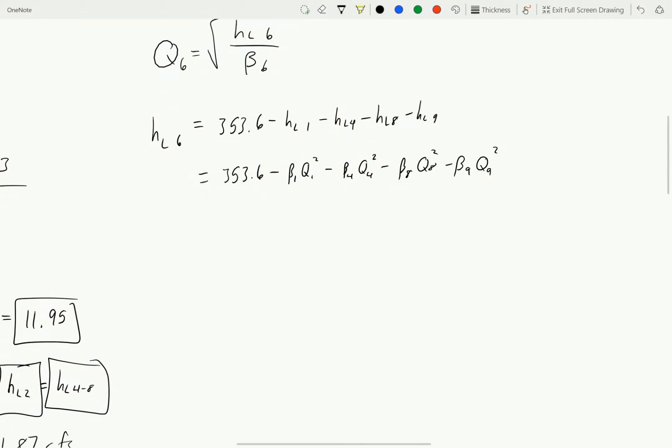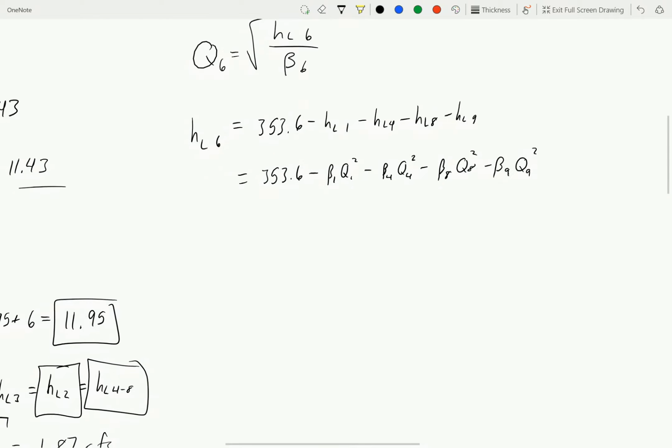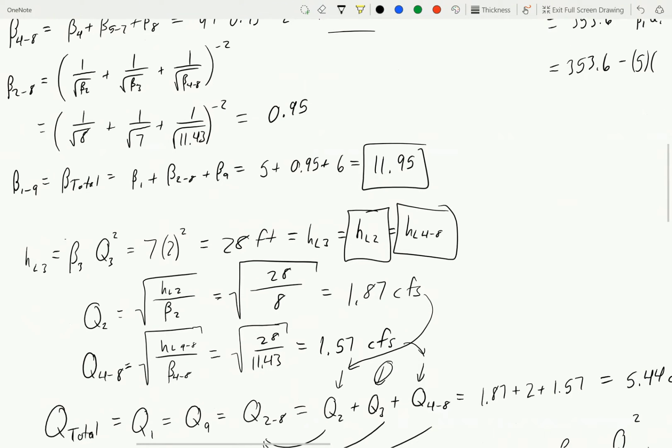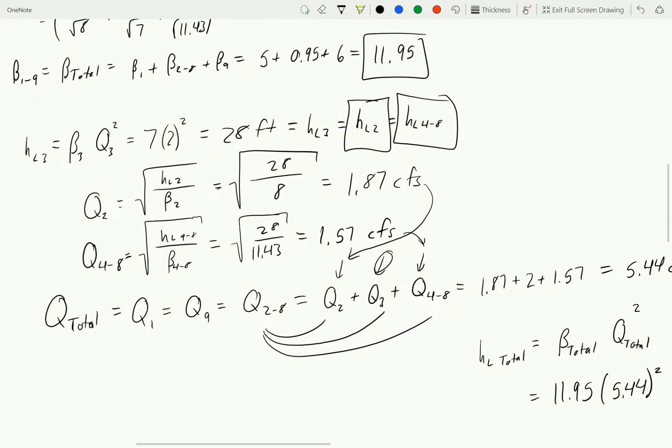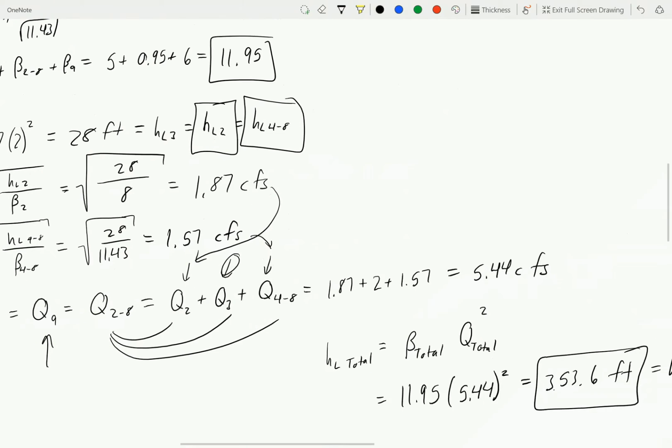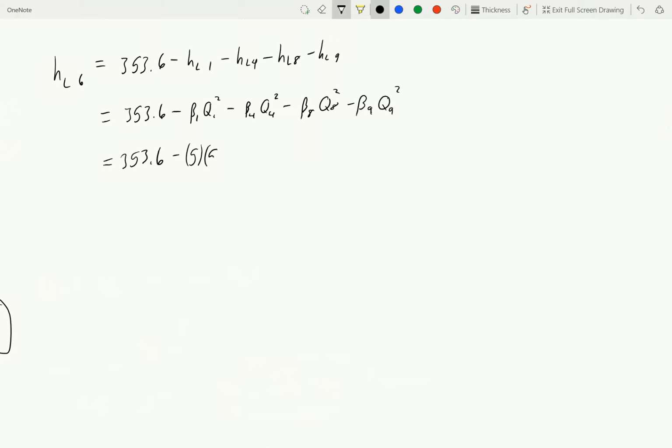And from here we can just plug in all of our values for beta and Q. So we have 353.6 minus beta 1, which is 5. Q1 we found somewhere around here, right here. Q1 and Q9 are the same as Q total, so that's 5.44, 5.44 squared. Beta 4 is 9.